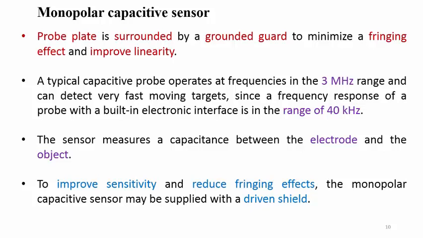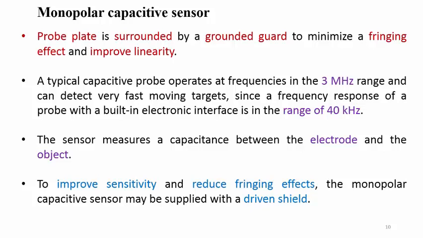The probe plate is surrounded by a grounded guard to minimize the fringing effect and to improve the linearity. The fringing effect is nothing but the leakage observed with the surrounding packages of the sensor. If fringing is there, we get fluctuation in the output voltage due to the change in the capacitance.